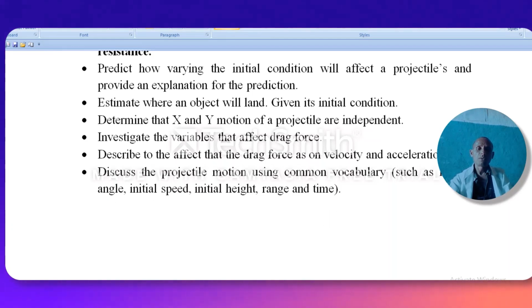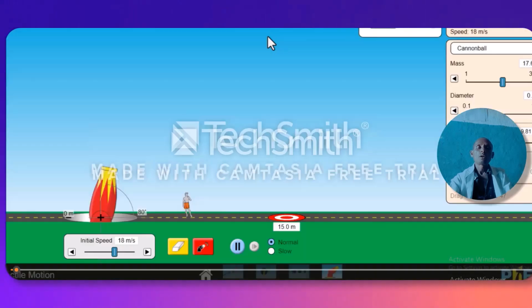Given this, later I will take you into the physics lab simulation. This is the software we use to determine projectile motion when changing the angles of projection.